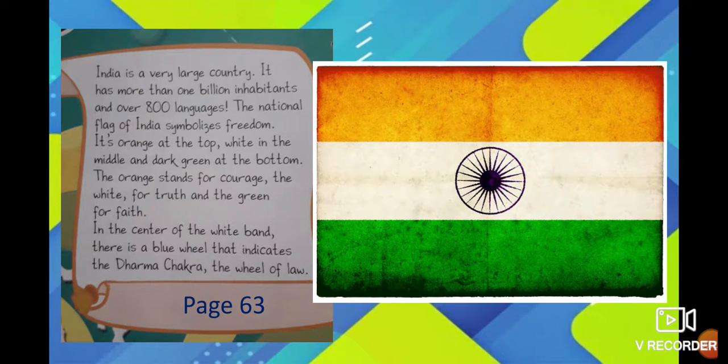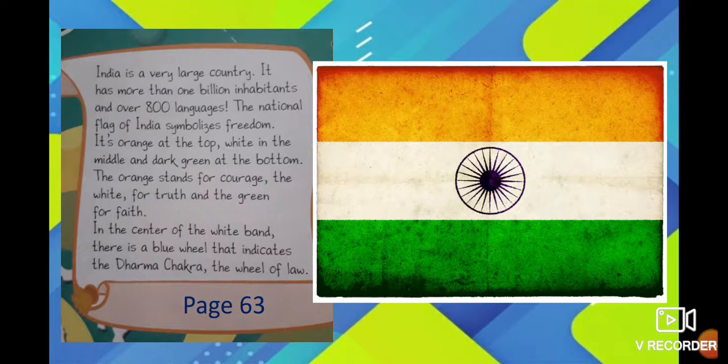And in the center of the flag, in the white band, there is a blue wheel, una rueda azul, that indicates the Dharma chakra, the wheel of law. Okay, that means this little circle means law, leyes, yes? Okay, for making a review, the colors of the Indian flag are orange, white, dark green, and also blue.